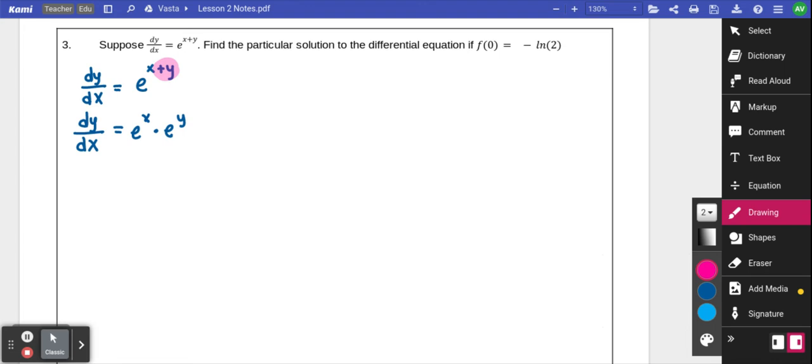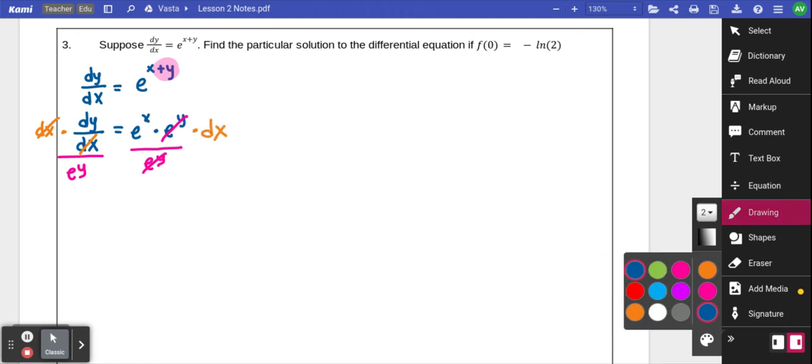So instead, once we do that, we can actually separate. I'm going to start by dividing by e to the y on both sides, and that's going to cancel this e to the y. I'm also going to multiply by dx on both sides, and that's going to cancel that dx. So my new separated equation is going to look like this.